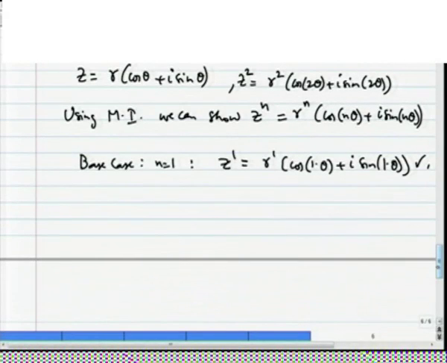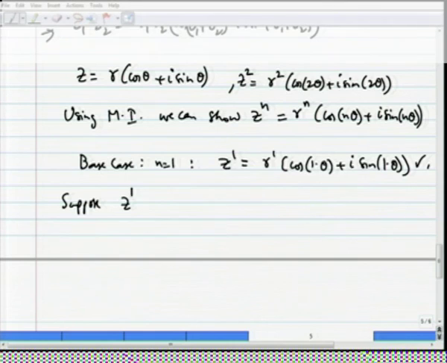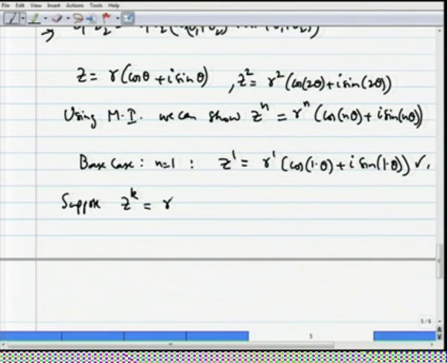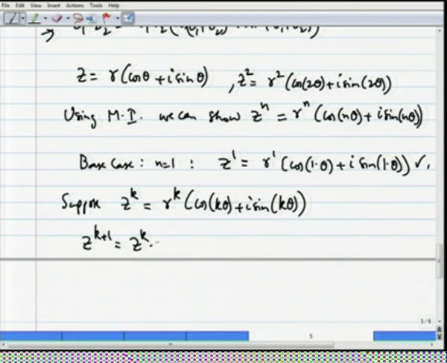Now, suppose z power k for some positive integer k greater than 1 is equal to r power k cosine k theta plus i sine k theta. Okay. Then z power k plus 1 will be z power k times z.